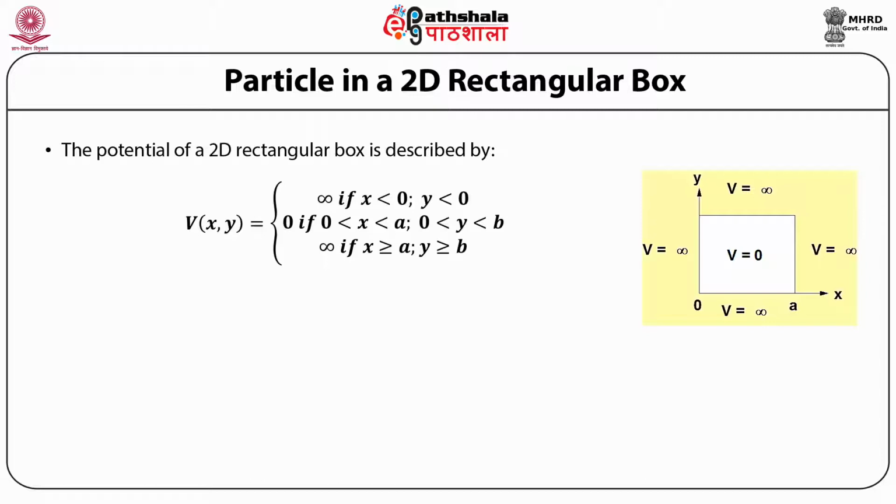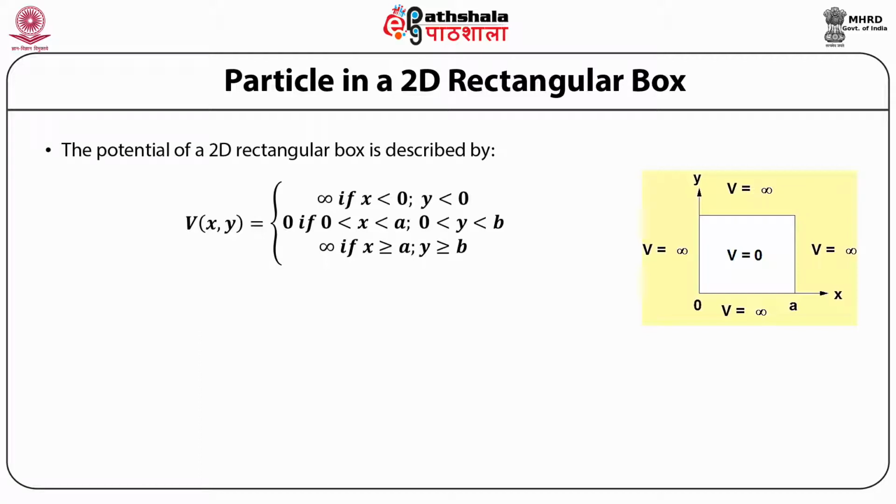Students, as you can see in this figure, it is on the left hand side of the origin. Now the potential is 0 if x varies between 0 and a and y varies between 0 and b. And it is again infinity if x is greater than or equal to a and y is also greater than or equal to b.